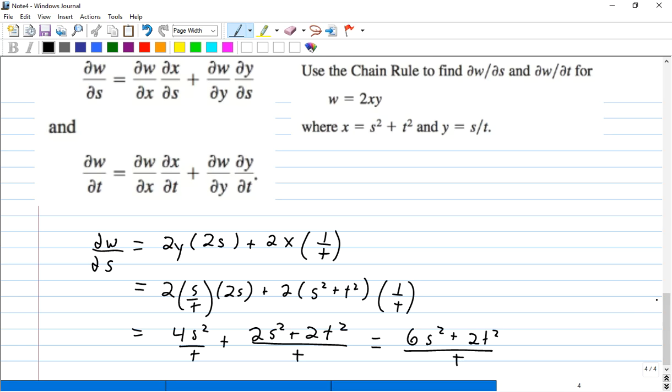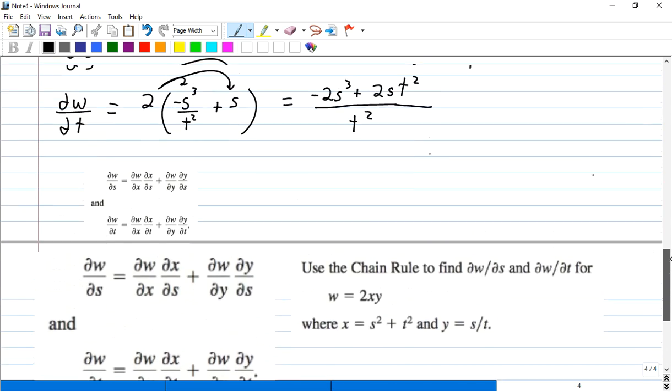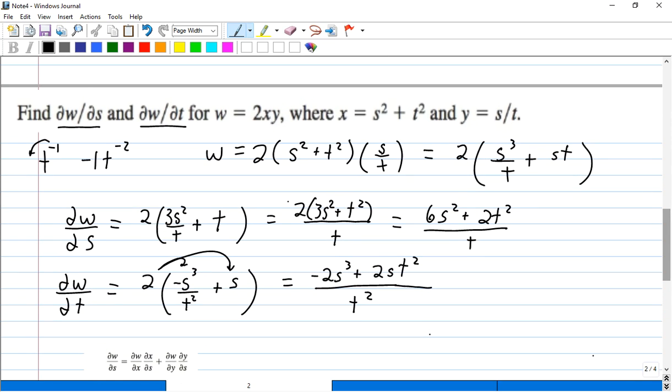Now, let's compare what we just did to what we did before. So I'm going to scroll back up. Before, what did we do? We rewrote w in terms of s and t, and then we took the derivative of that with respect to s, and we got 6s squared plus 2t squared over t.